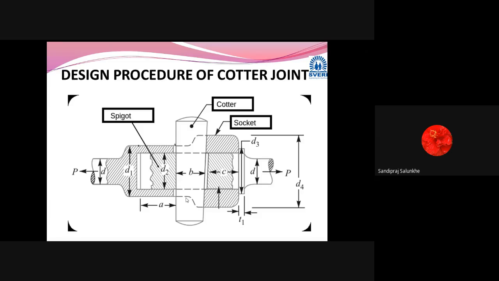It may undergo shear, because if you consider this as a chalk which has been inserted in the slot which has been provided, and suppose plastic is the material which we are going to use for the socket, and the spigot also we have manufactured from plastic, then if you insert it as a chalk, as the plastic part has more strength than the material from which we manufacture the chalk, definitely this chalk will break in three pieces. Here it will break, here also it will break, so it will get sheared out, right?